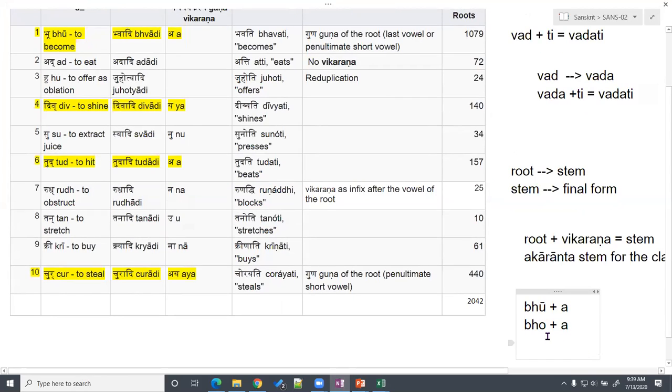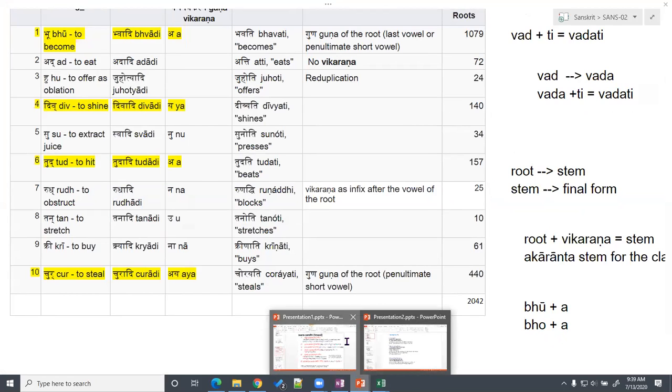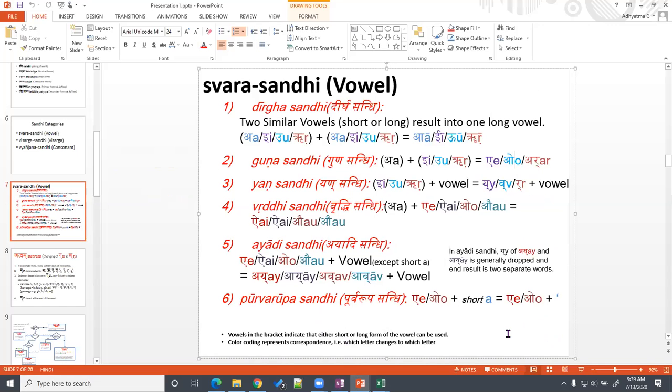Now O plus A. Here there is a special case, Purva Rupa Sandhi, Ekara and Okara. If it is followed by short Akara, the Akara is elided. So this part does not apply in this case. Only this one applies. So Okara changes to Av.